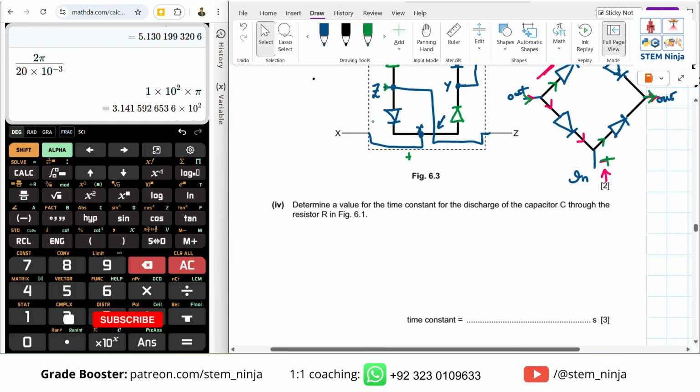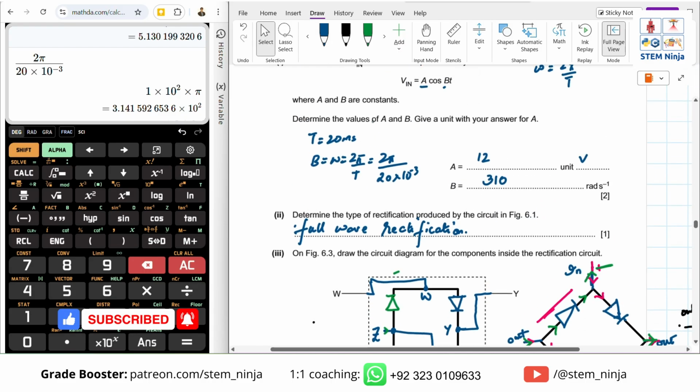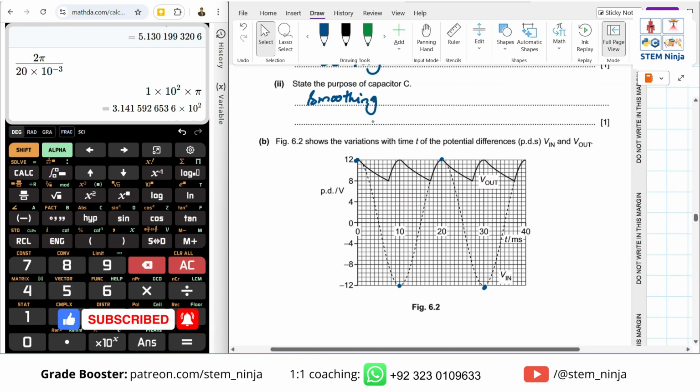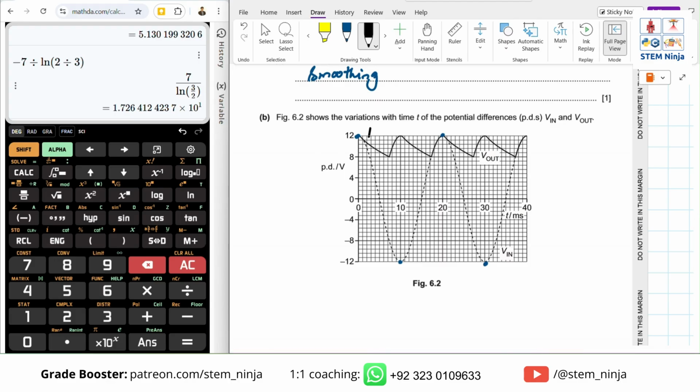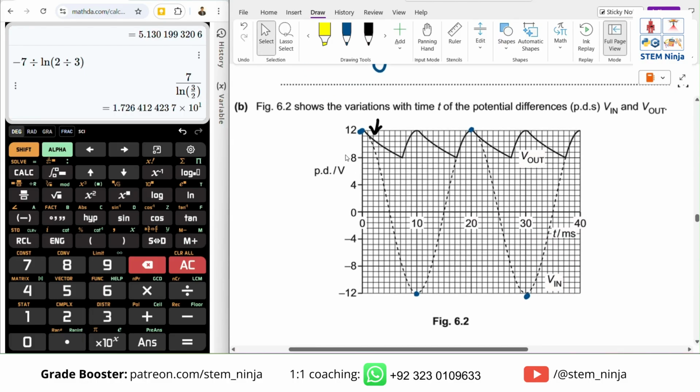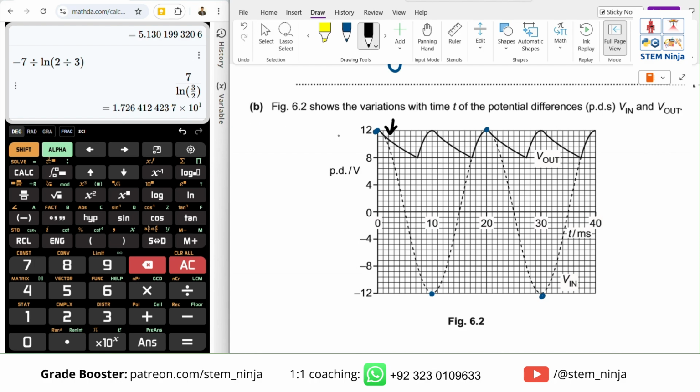Determine a value for the time constant for the discharge of the capacitor C through the resistor R. Okay, so this is the part where the capacitor is active, so we need to see the voltage drop and the time it takes for the voltage drop. We can take the voltage drop as 12 and 8.